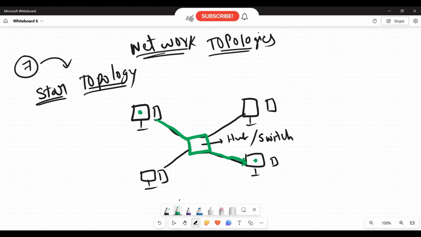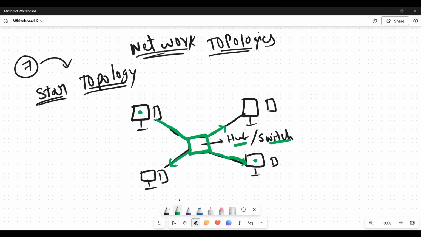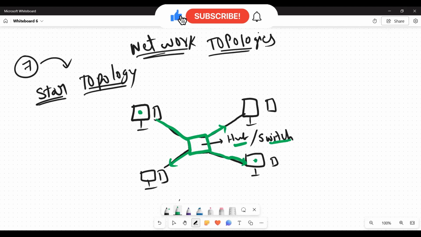When we use a hub, it will transfer the data to each and every device, and it will ask. But when we use a switch, it will ask the particular destination whether the data belongs to it or not. So this is how star topology works.